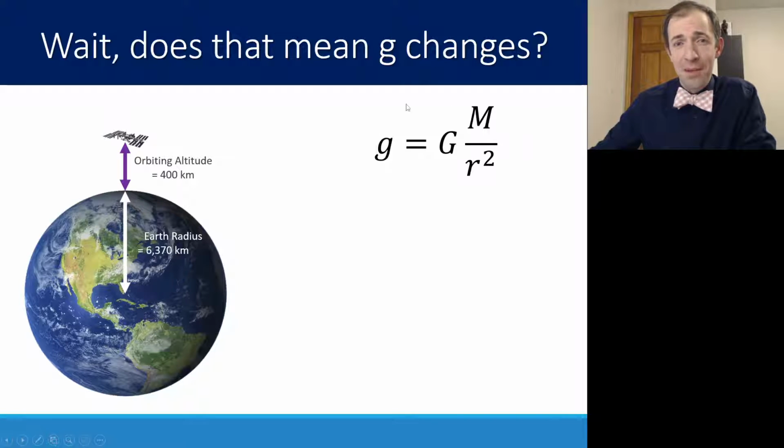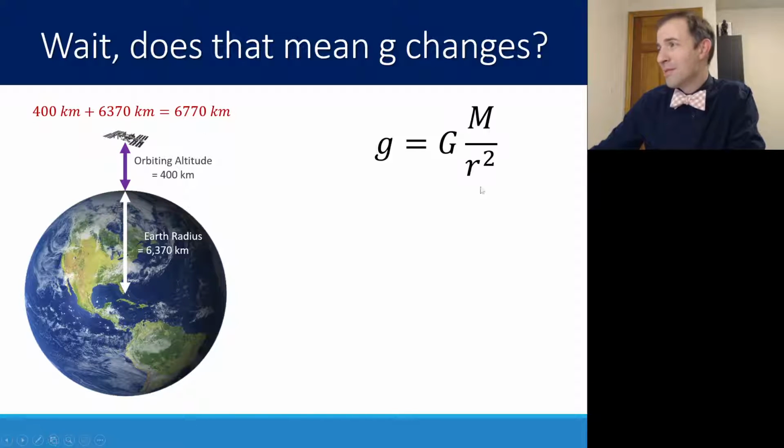Here is one of the formulas that we had for little g. It's big G times the mass divided by the radius squared. Well, I said radius, that's the distance to the center, basically. Our total distance, the distance all the way to the center, is 6,770 kilometers.